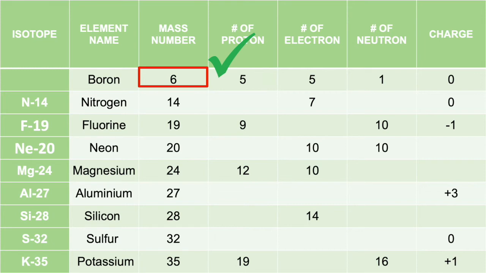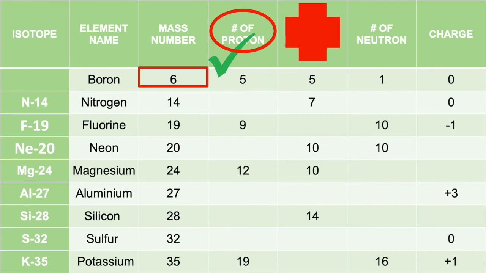Always remember that the correct mass number of a given element or an isotope of the element will always depend on the number of protons plus the number of neutrons. So 5 plus 1 is equal to 6. That is why our correct answer is 6.